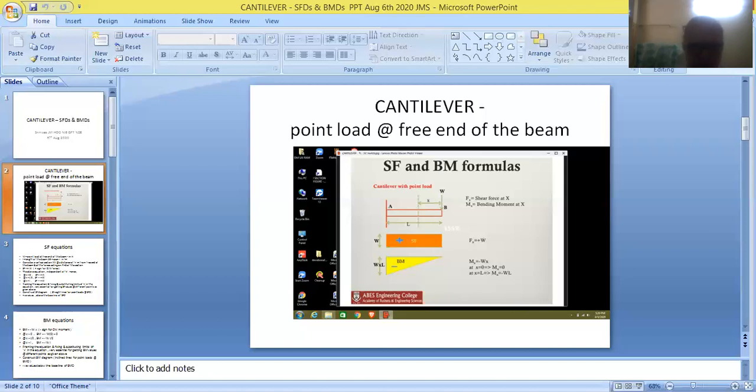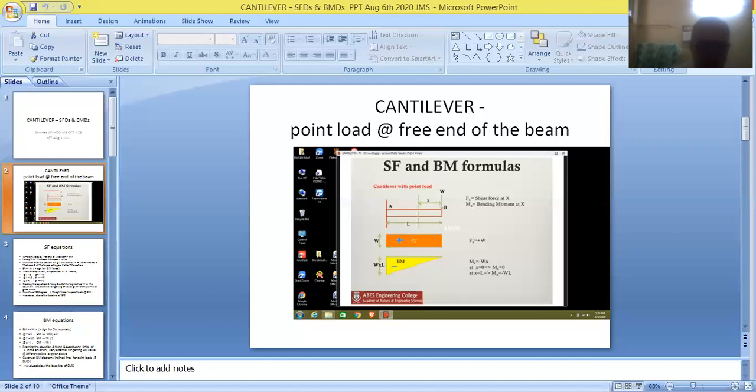So all these values are coming below the baseline of the bending moment diagram. So in any case, whether it is the SF diagram or the BM diagram, all the positive values must be plotted above the baseline of the diagram. All the negative values must be plotted below the baseline of the diagram.